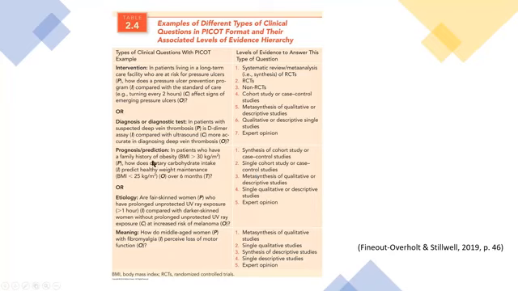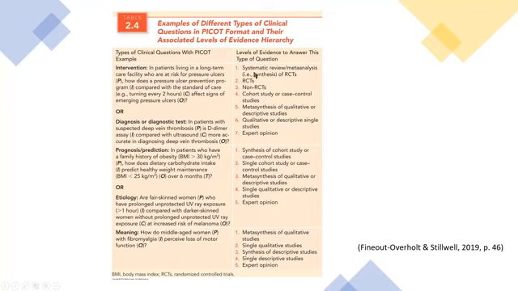So, for example, prognosis and prediction, and etiology PICO questions are answered with this 5-level evidence hierarchy. And you can see that randomized controlled trials and systematic reviews of randomized controlled trials have dropped out of this evidence hierarchy.